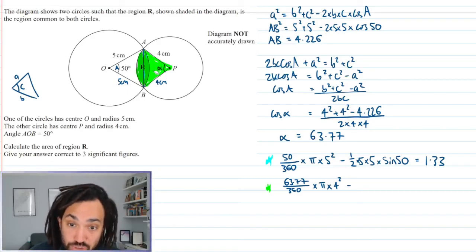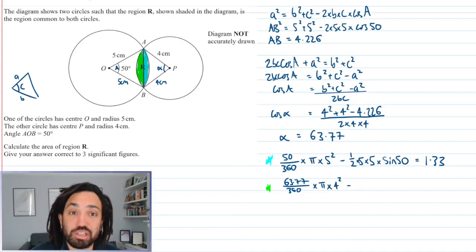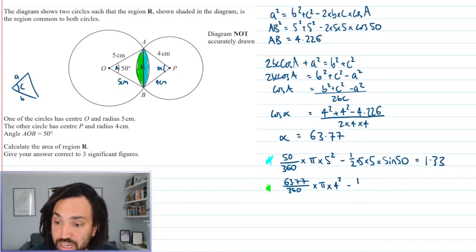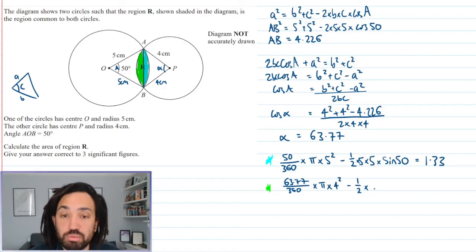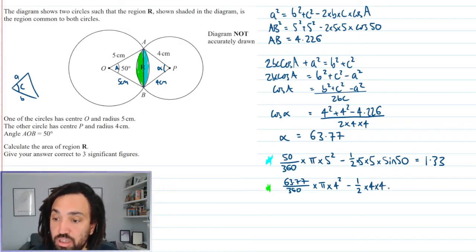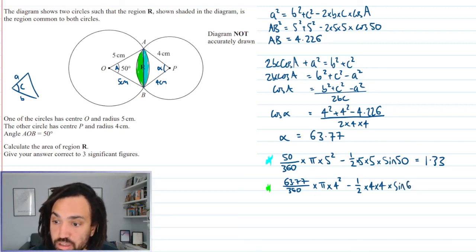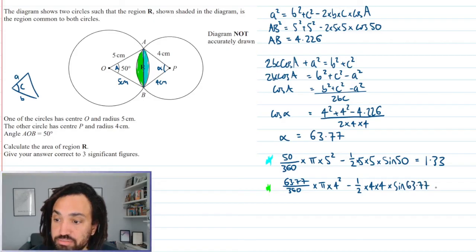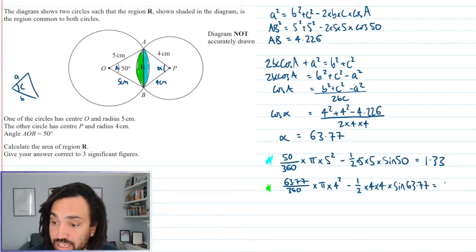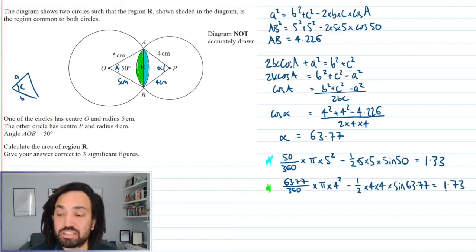But I want to get rid of the triangle because then I'll be left with just that segment, which is exactly what I'm looking for. So I need to subtract the triangle, which, again using the area formula for a triangle, is a half ab, which are the two adjacent sides, 4 and 4, times sine of alpha, which was 63.77. And when I put that into my calculator, I get an area of 1.73.